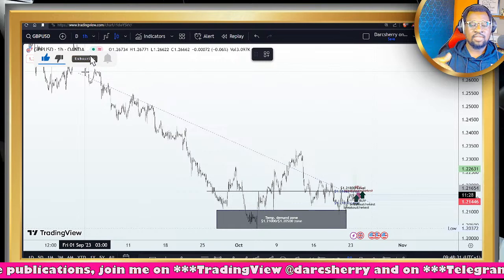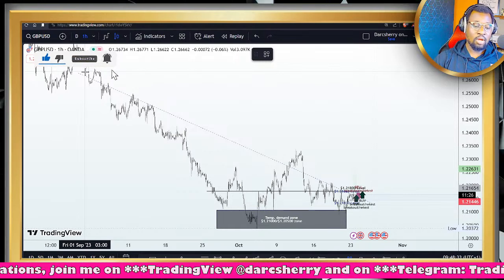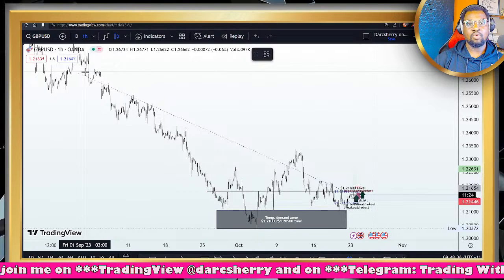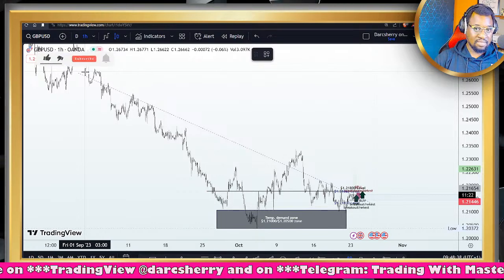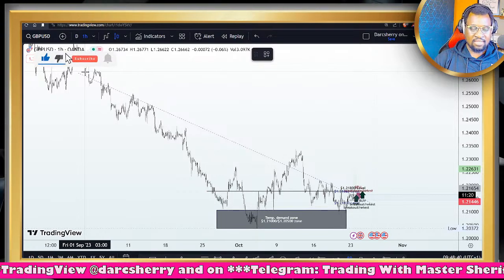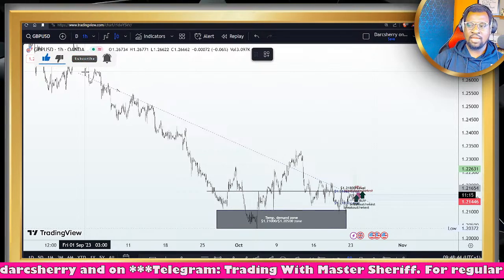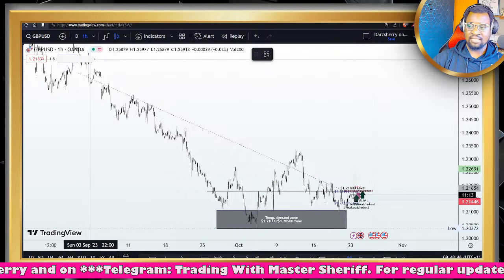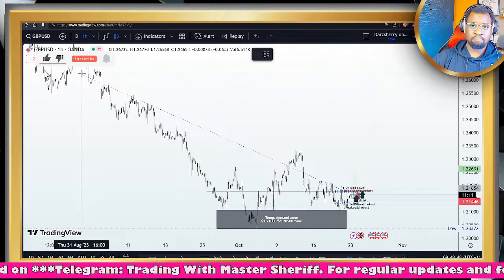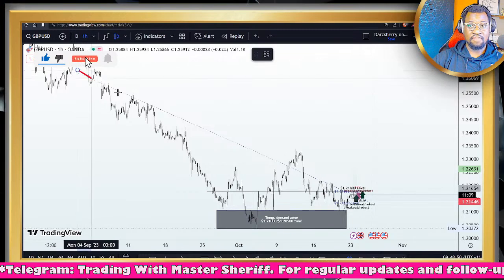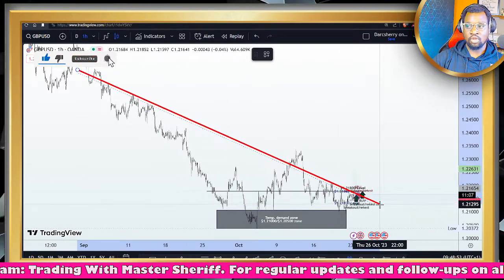The high interest rate has reduced the ability to enjoy credit facilities, which in the long run affects our businesses and of course affects the employment condition in the United Kingdom. And this has really affected the pound sterling in the last couple of months. And we saw price drop to the downside, finding lower highs as a result of that.